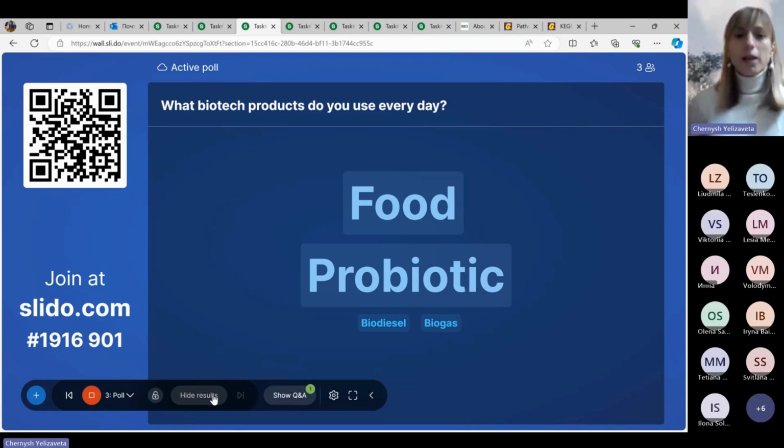These are really biotech products. Also probiotics and antibiotics, and vaccines, different types of biologically active nutrients, vitamins, hormones. It's also biotechnology production. And of course, bioenergy, we see some examples: biodiesel, biogas. These are also biotech products.